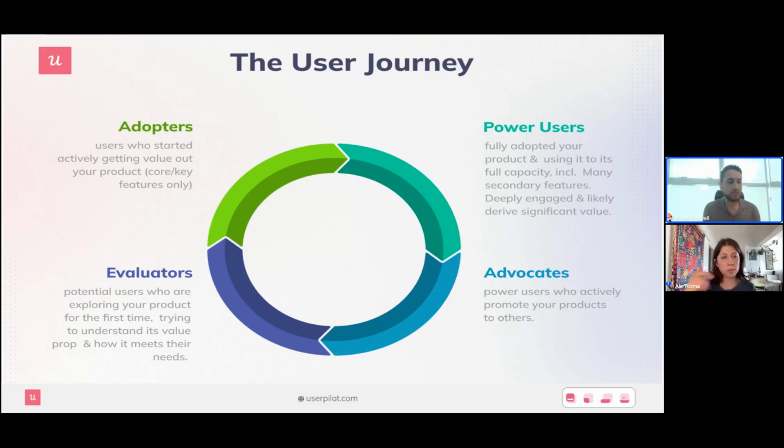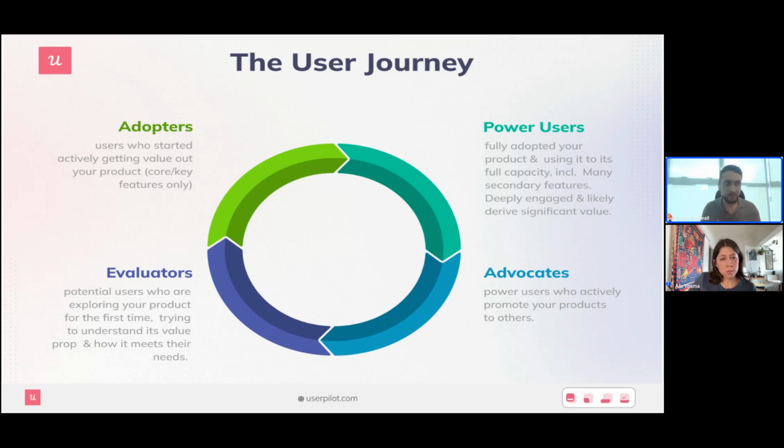The adopters usually are the ones using your core features, two or three key features of the product. For example, in HubSpot, they're the ones connecting their email, uploading a list, and sending a sequence of emails. That's where most companies are focusing today, moving people from evaluators to adopters. And that's great, because improvement in user activation will lead to improvement in free trial and more revenue.